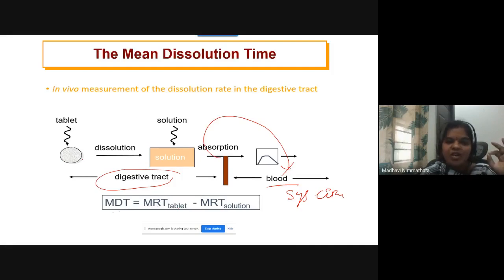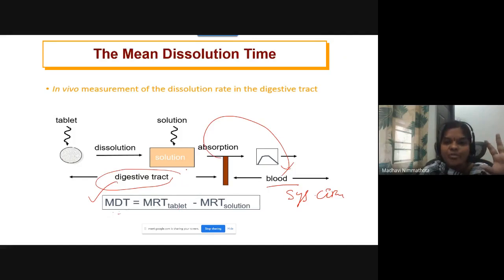First, your tablet is available as a solid in the initial stages. When it comes in contact with the solution, it will be available in the form of solution. So you need to calculate the mean residence time in the solid form and in the solution form. When you subtract the solution form from the solid tablet form, you will get the mean dissolution time.